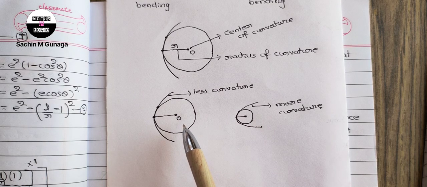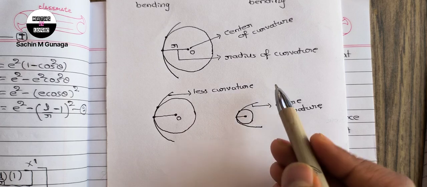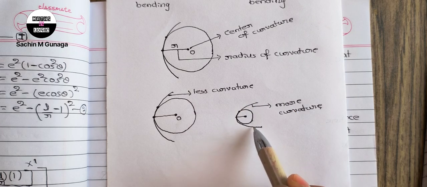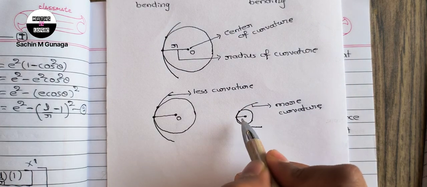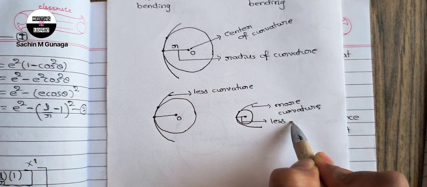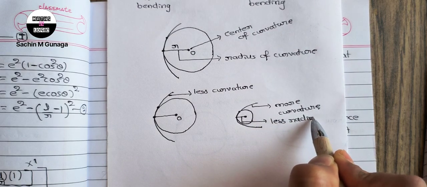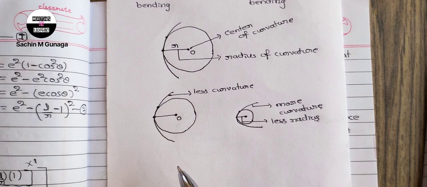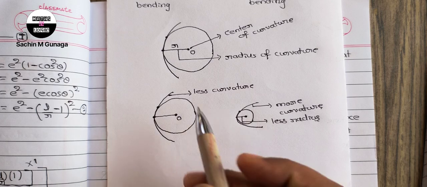If any curve's curvature is more, then it has less radius. This curvature is more, that means it has less radius. Similarly, if any curvature is less, then it has more radius.